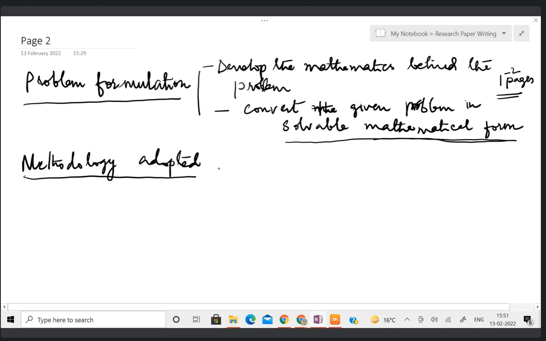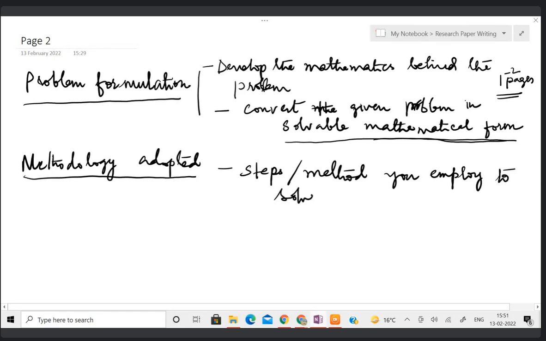Okay, so methodology adopted is basically the steps or the method that you employ to solve the mathematical form of the problem.